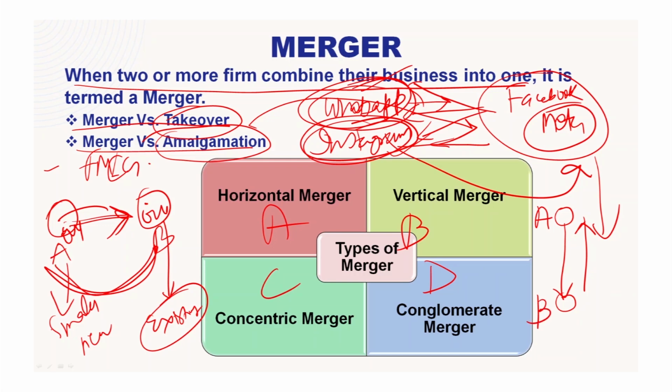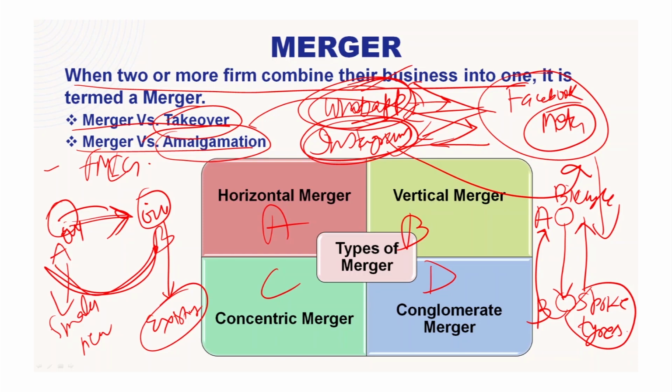Now company A is manufacturing bicycles and company B is manufacturing some spokes or tires. Now when company B will be merging with company A, it is termed as vertical merger. Now the different supplier will be a singular company of company A.